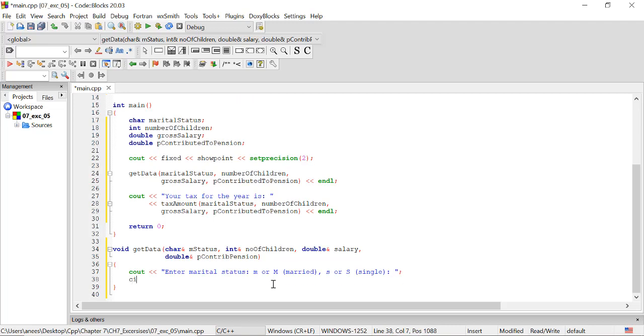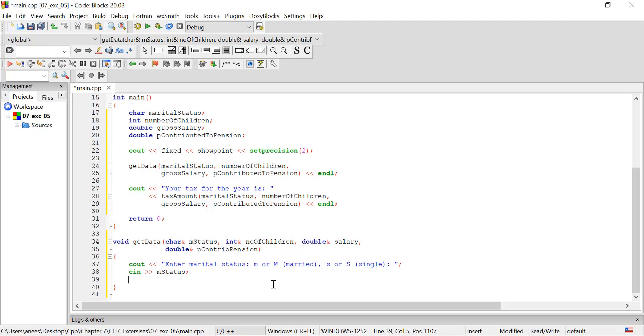And then we can cin mStatus, get the value for that, and then we cout endl.